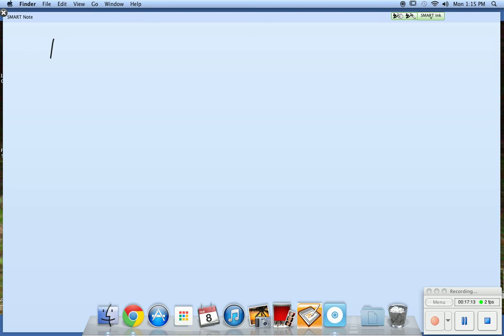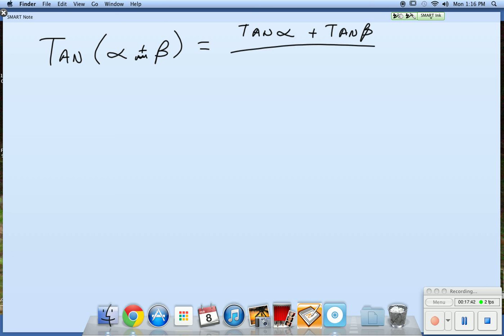What if we had the tangent of alpha and beta? What do we have here? We have the tangent of alpha plus tangent of beta over 1 minus tangent of alpha tangent of beta. Now I'm not going to subtract these, so I'm going to get rid of these minuses.